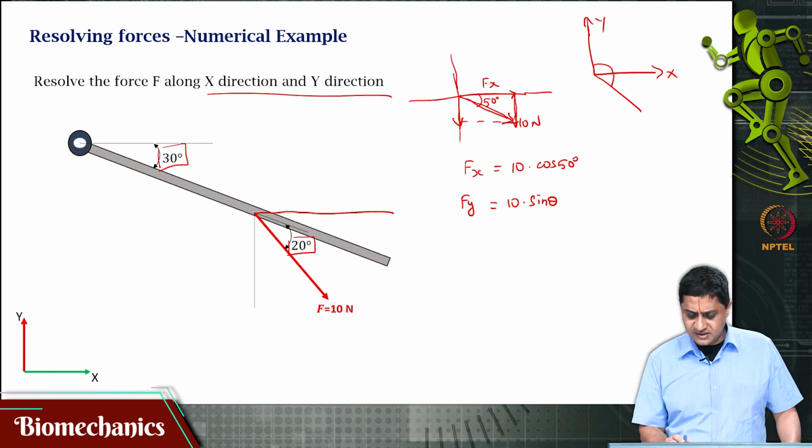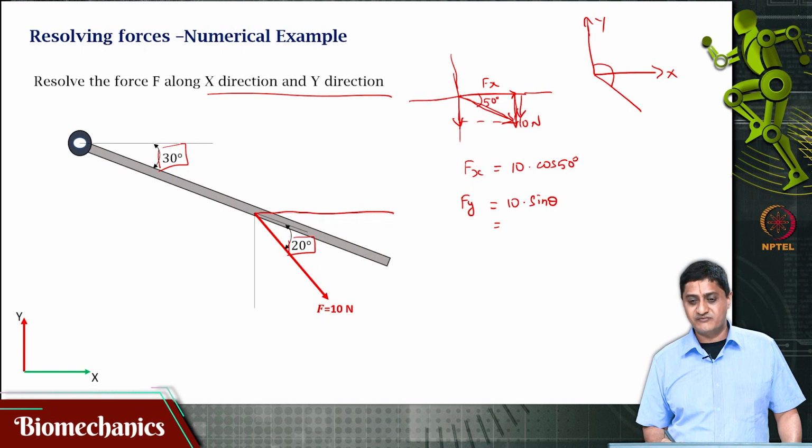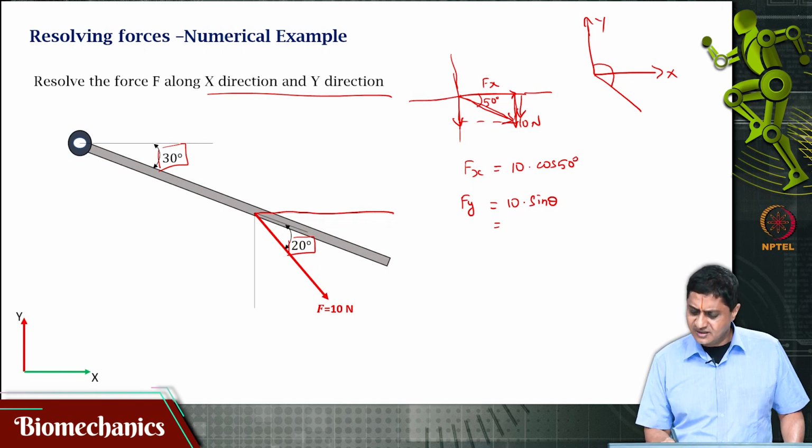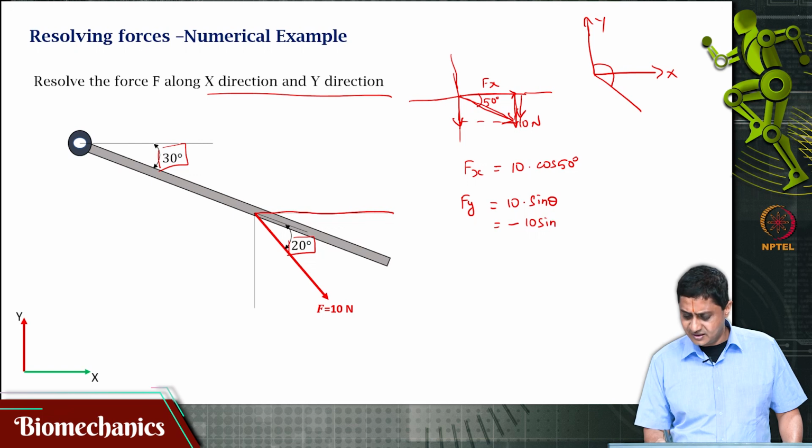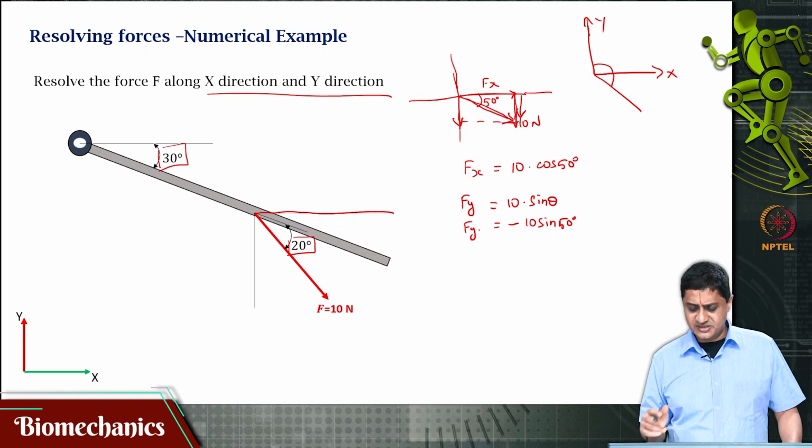The other way of saying that is simply that it is 10 sin theta in the negative y direction. If you use some intuition, this is not too difficult, because that is in the negative y direction, that is minus 10 sin theta. Again, I am not solving the numerics. I request you to please check the numerical answers for this problem.